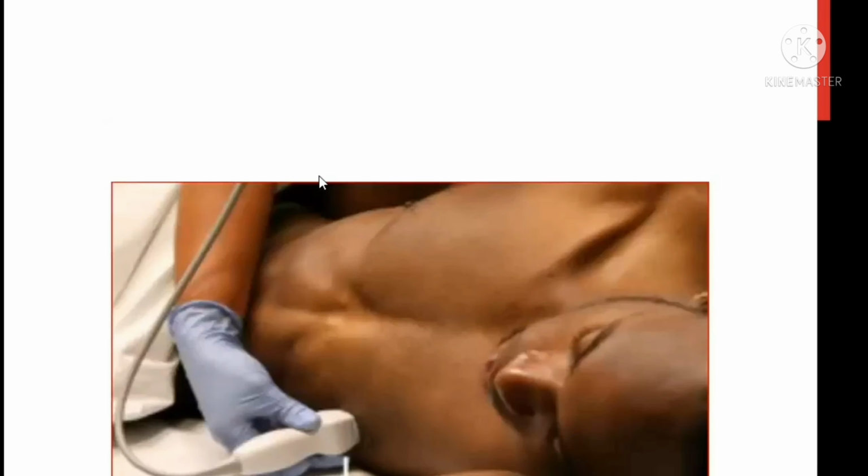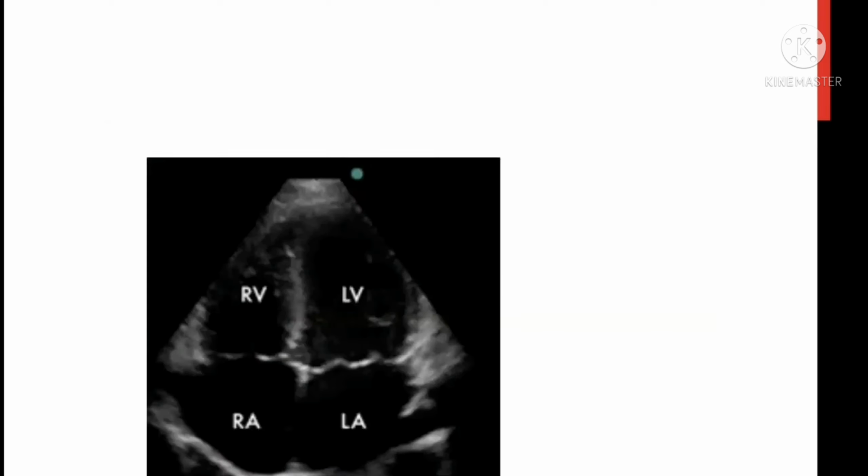So this is what you see. It's labeled here, but how can you differentiate whether it is right or left? Look at the indicator. So this is the echo probe.